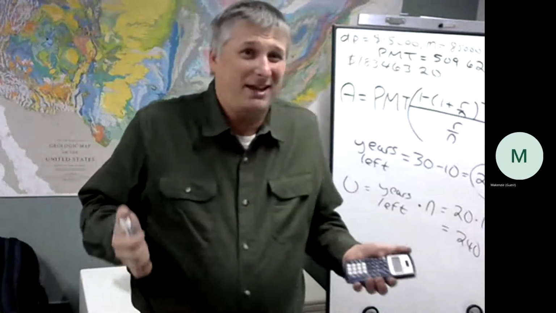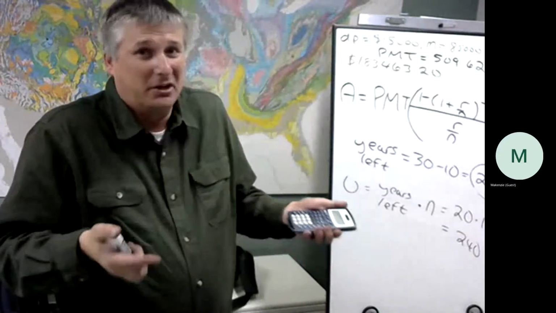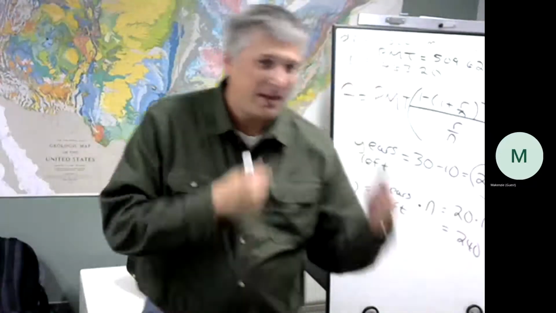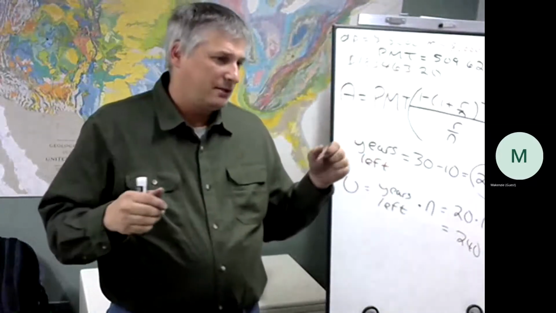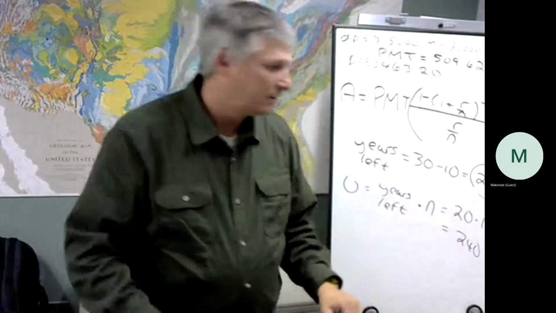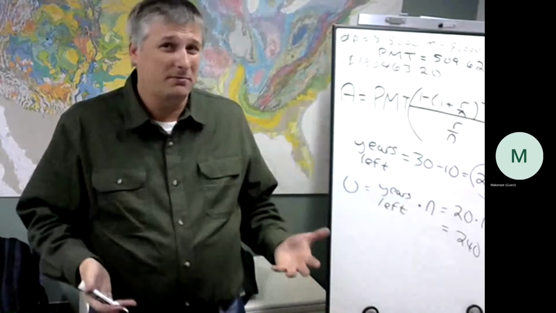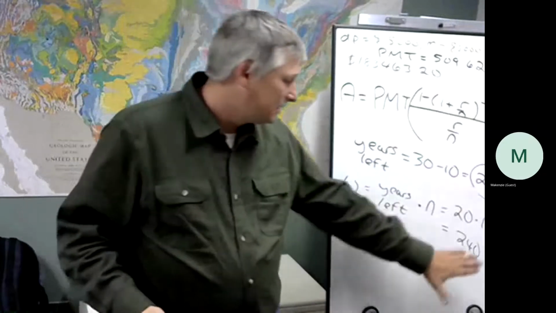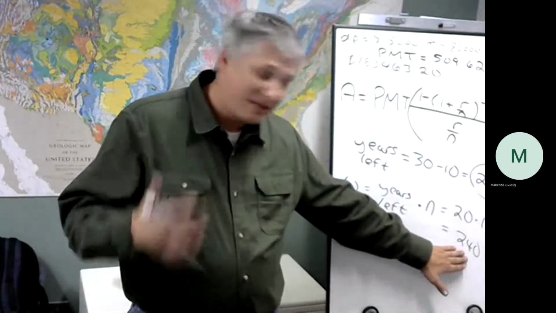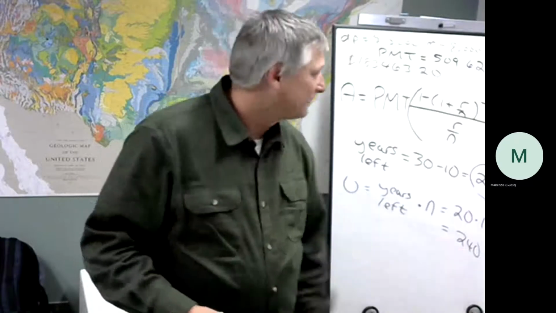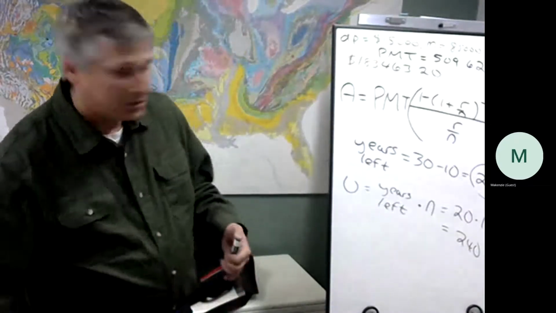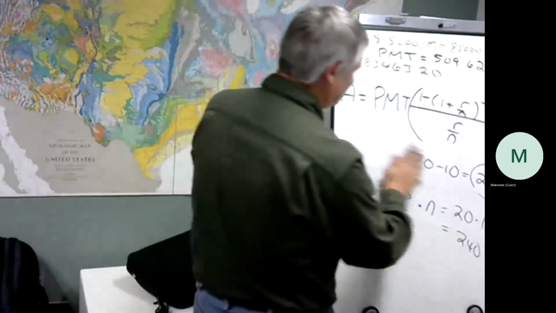We're just going to pay it off after 10 and then not have to pay it anymore. We're done. That means we get out of 20 years of payments, and those 20 years contain 240 payments. So that's our U.